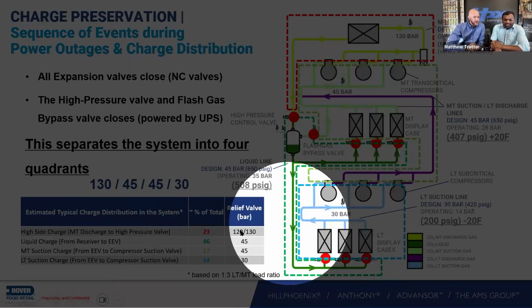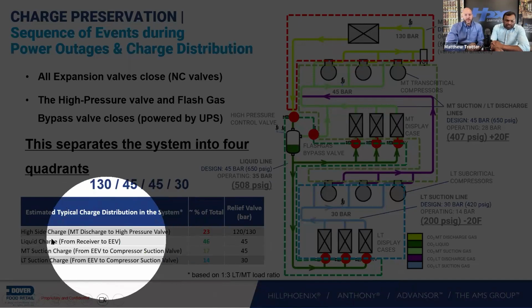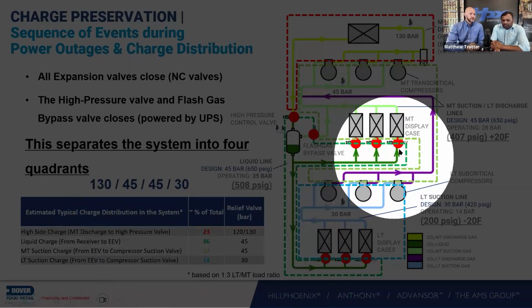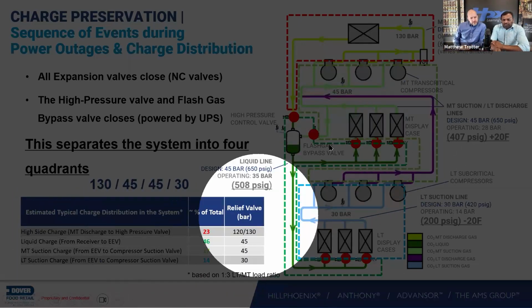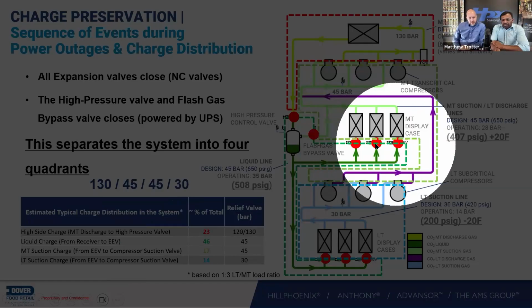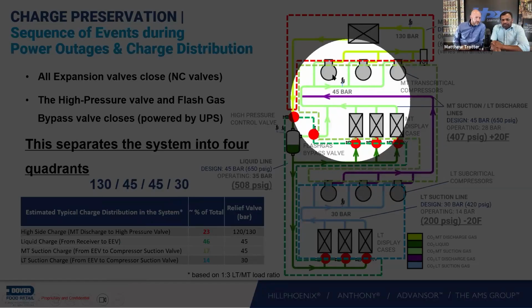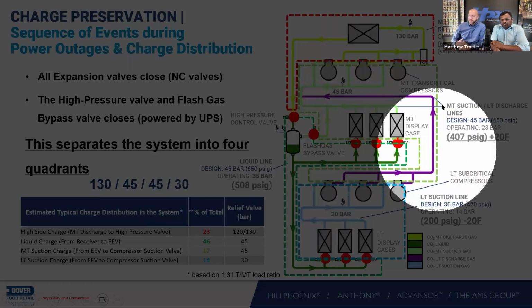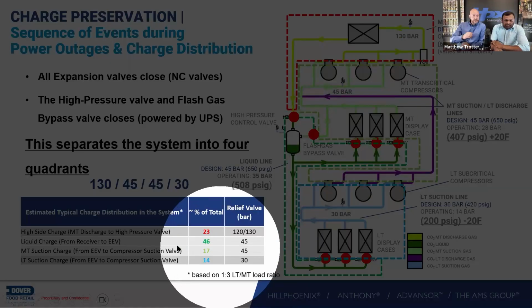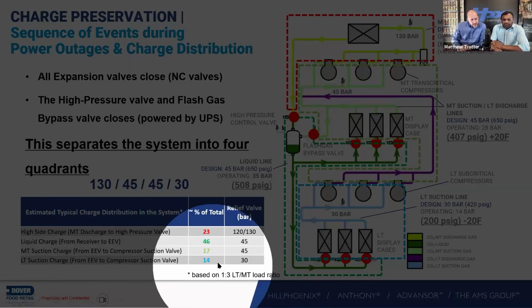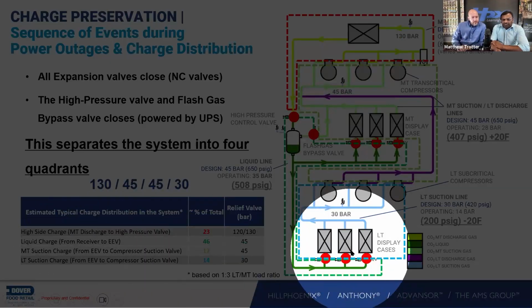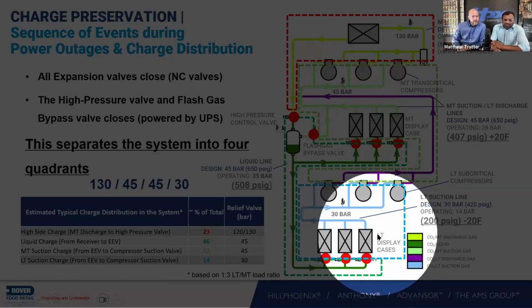Those charges will be 46 percent of the total charge. The medium temp suction is about 17 percent. Medium temp suction is from the expansion of the medium temp cases all the way up to the medium temp compressors and the low temp discharge line. That's about 17 percent. And then low temp suction will be about 14 percent. So this quadrant will have about 14 percent of charge.